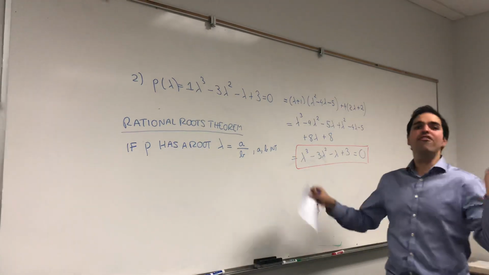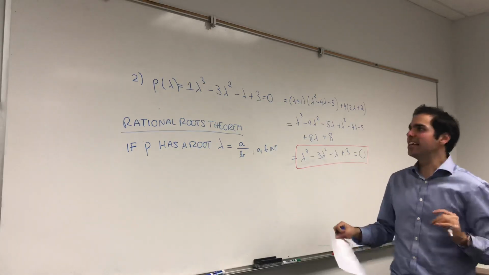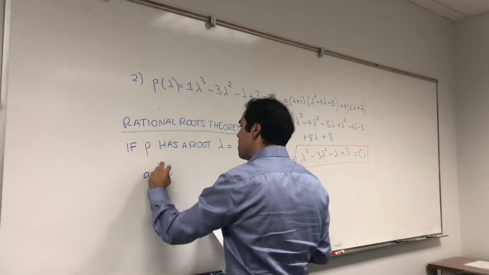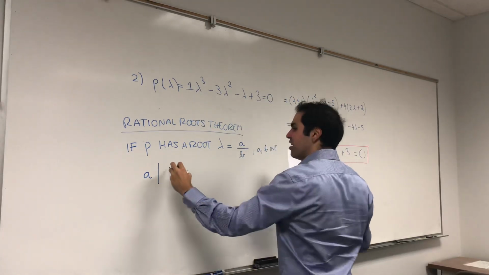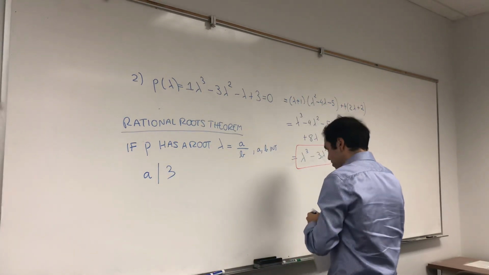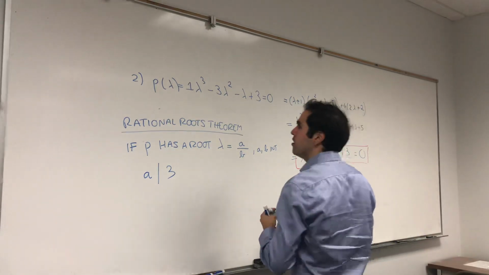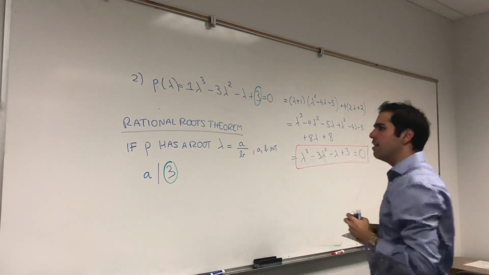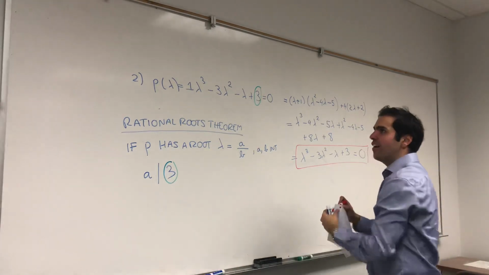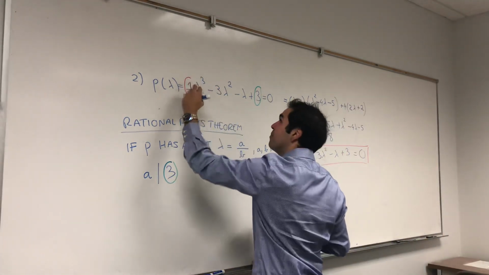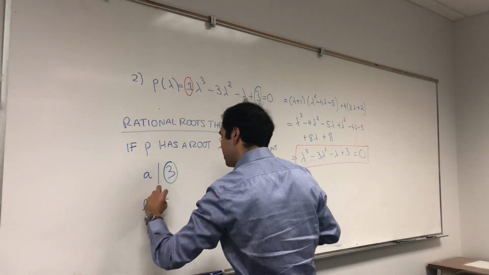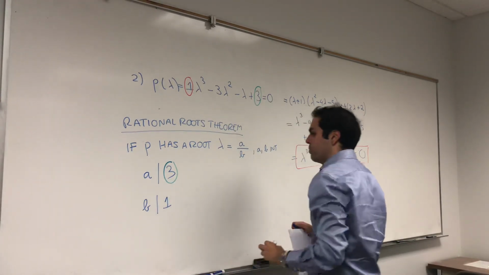So they're not 50,000 guesses for a and b. Namely, what we would have is that a must divide this constant term, so this term here, and b must divide the leading term, which is 1.